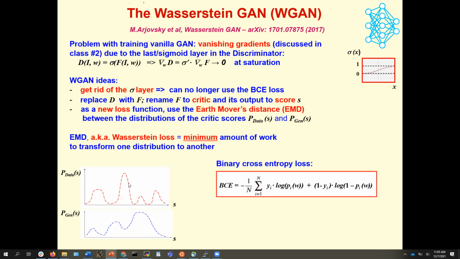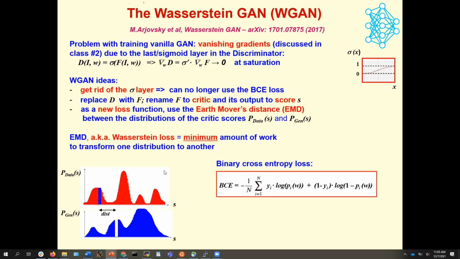You can think of those distributions as two piles of earth. The Wasserstein loss, or EMD, would be the minimum amount of work to transform one of these piles into the other pile. We can do it by taking a piece of this pile and moving it to the second distribution. The distance would be the distance over which we moved it.